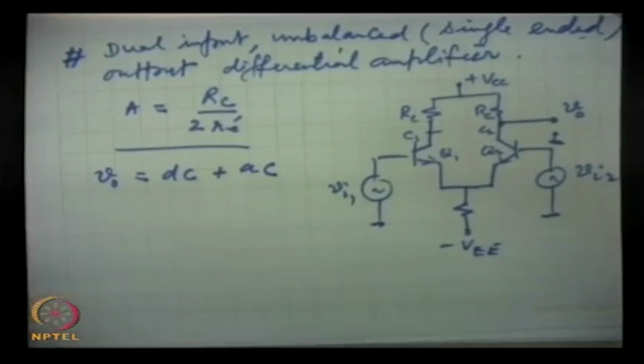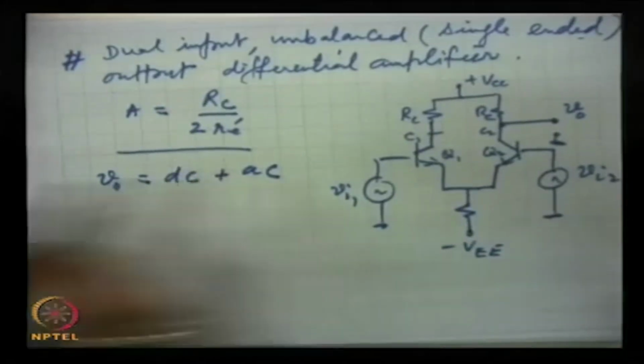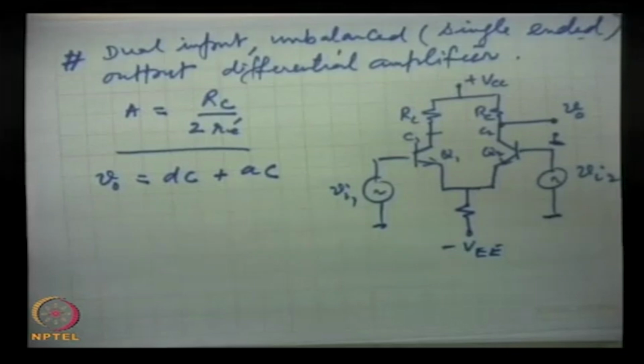If this configuration is to be used, then at some stage we will have to take care, because this will change the DC level of the signal. There are circuits which take care of DC level in amplifiers. And as I said, the input impedance of this amplifier will be the same as in the previous case, because input impedance does not depend on how we take the output.